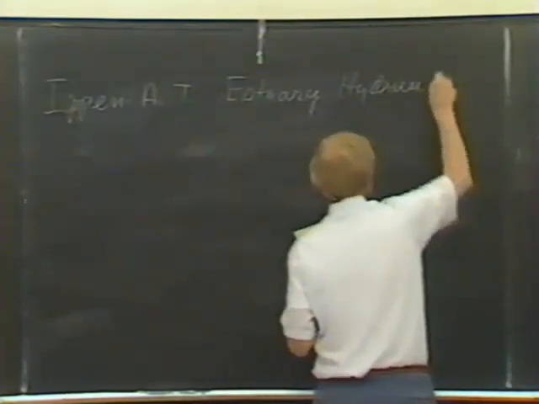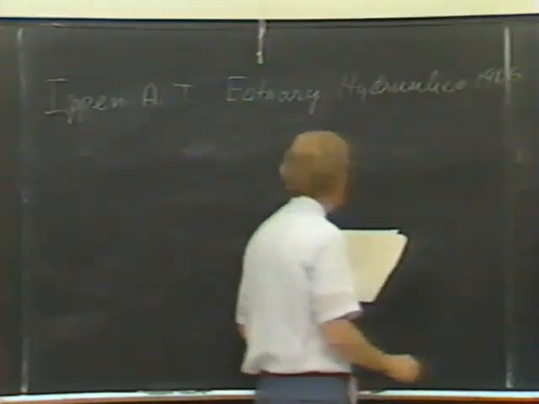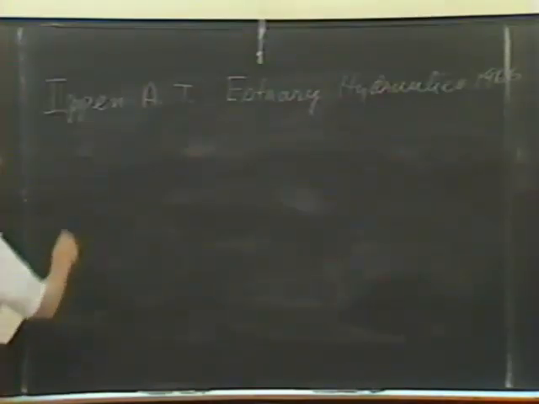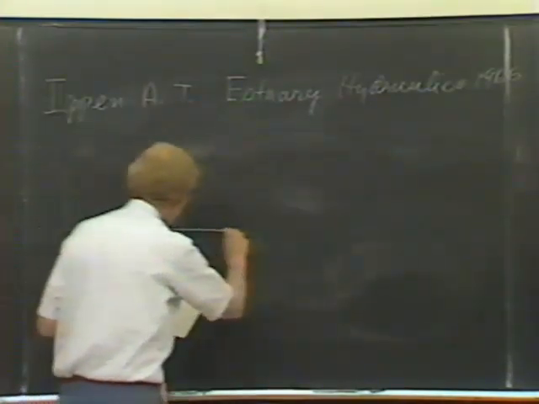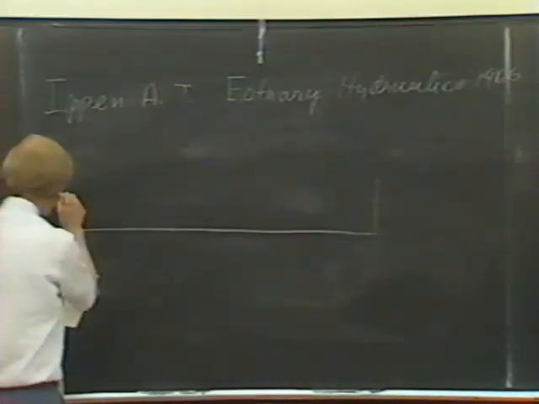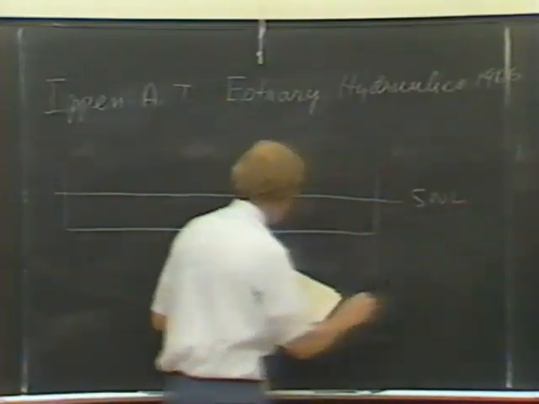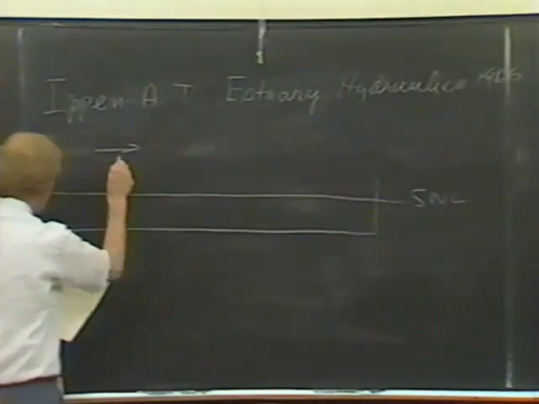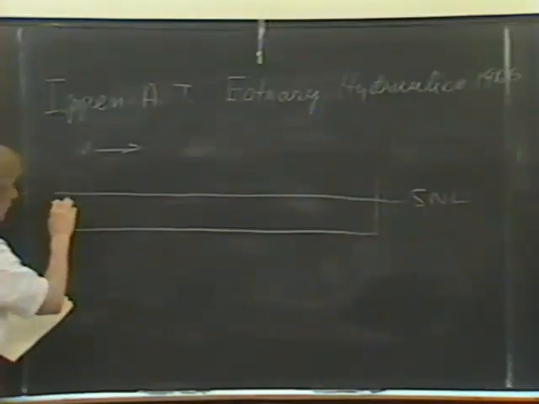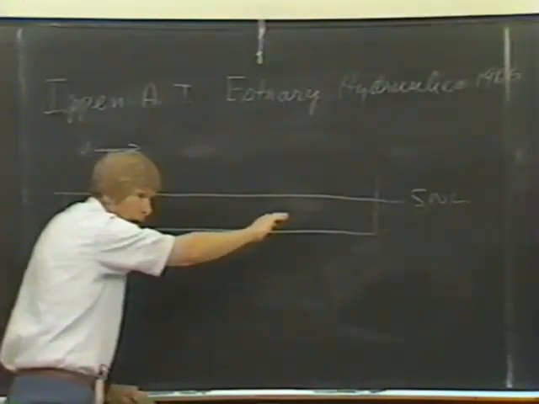And I'll draw a simplified system for purposes of illustration. Let's consider the normal water level, the still water level here, and a wind blowing in this direction, call it U, and when it blows, the shear stress on the surface pushes the surface water downwind, and what results is a setup that looks something like this. And this distance here is called the wind setup.